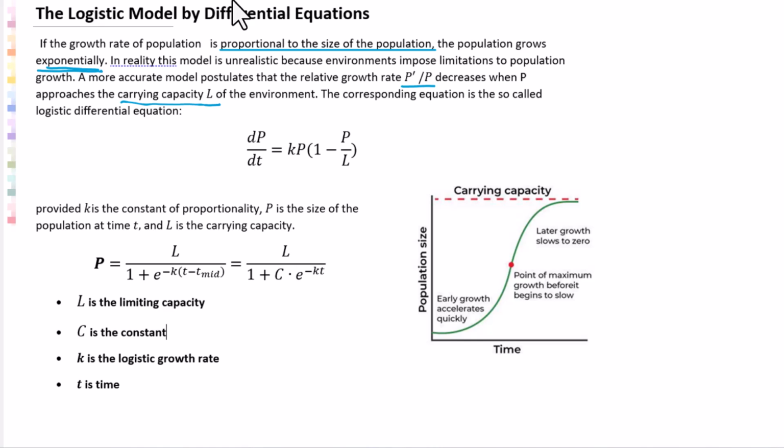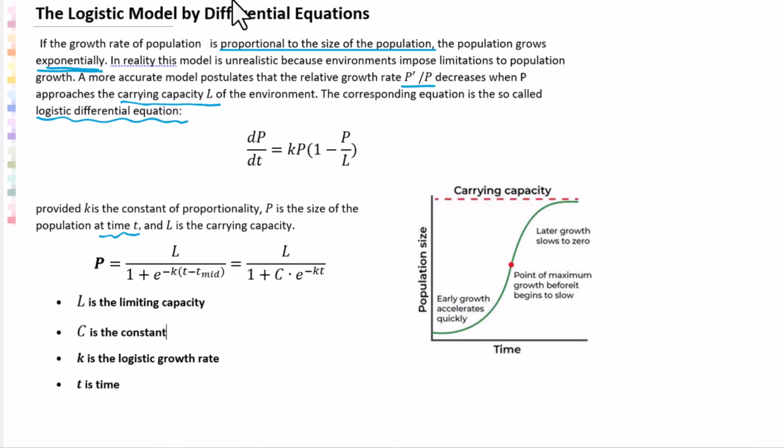The corresponding equation is the so-called logistic differential equation, like this: dP/dt equals k times P times (1 minus P over L), where k is the constant of proportionality, P is the size of the population at time t, and L is the carrying capacity.